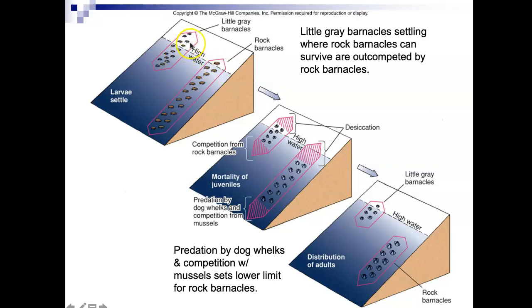For the little gray barnacles, even though you typically only find them in this small band here, they could disperse their larvae much farther down, lower in the intertidal zone. They found the same with the rock barnacles: they could disperse their larvae both higher up and lower in the intertidal zone. So larval dispersal wasn't the big factor in limiting where these organisms were surviving.